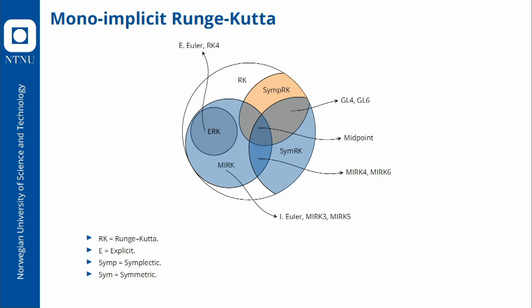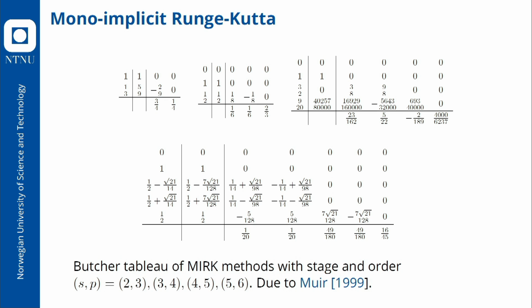They include symmetric methods and symplectic methods. In fact, the symmetric and symplectic method of highest order is the midpoint method, if you want the method with fewest stages. Here are some optimal methods derived by Muir in 1999, from order 3 to 6, with their Butcher tableaus.